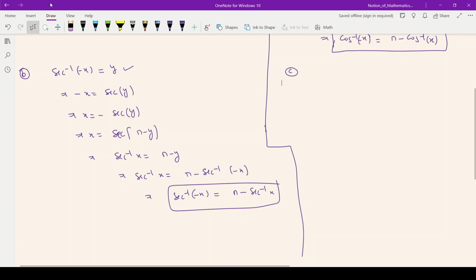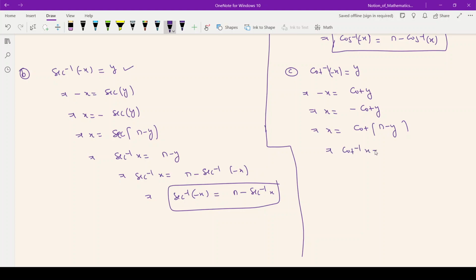Thereafter, if I talk about the third property, the third property is related to cot inverse. So here I will consider cot inverse of minus x is equal to y, that is minus x is cot of y, or x is minus cot of y, or x is cot of pi minus y.